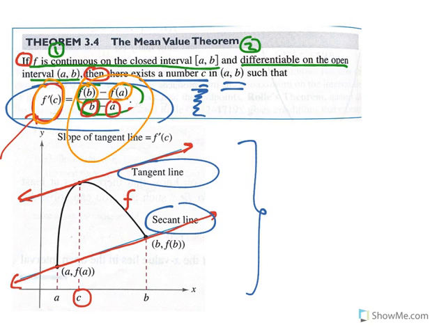So if the hypotheses are satisfied, the mean value theorem would guarantee for a word problem that there is at least one time at which the instantaneous rate of change of one quantity with respect to another is equal to the average rate of change of that quantity with respect to time on the interval from x equals a to x equals b. We're going to use this, and you'll see how we use it when we look at the derivation.